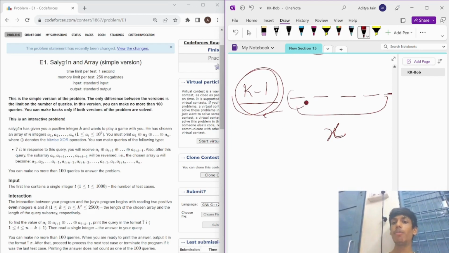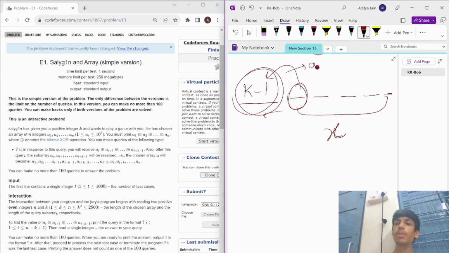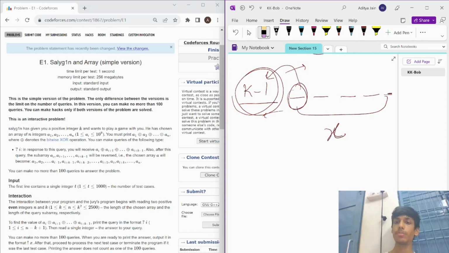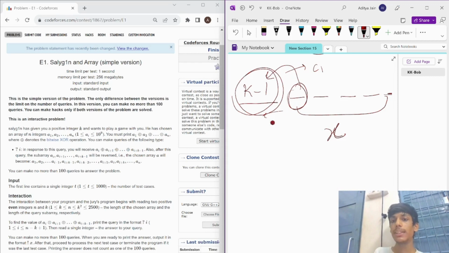Now I will take one element out of these x elements, and I will calculate the XOR. Suppose it comes equal to C1. Now what will happen, after every query the segment that you choose gets reversed. So this element will come here, these k minus 1 elements will now come here, and here the remaining are x minus 1 elements.